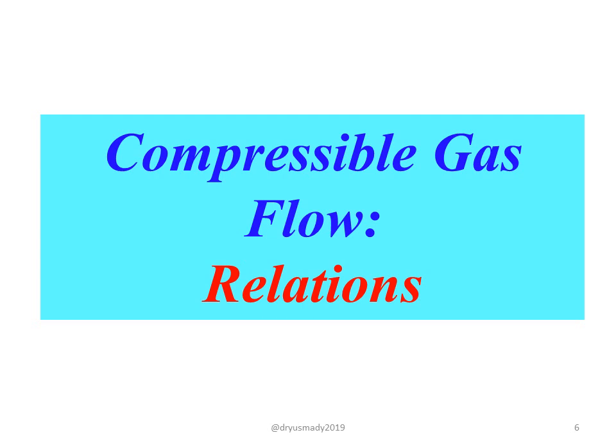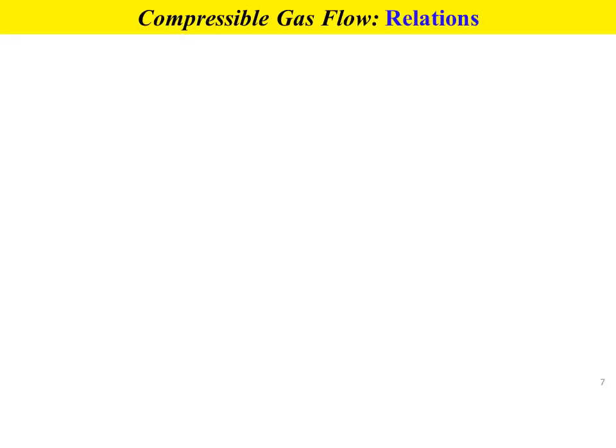Okay, next, under compressible gas flow, we will discuss the relations or equations that involve compressible gas flow. For compressible gas flow relations, based on the stagnation state, we have three equations involved.